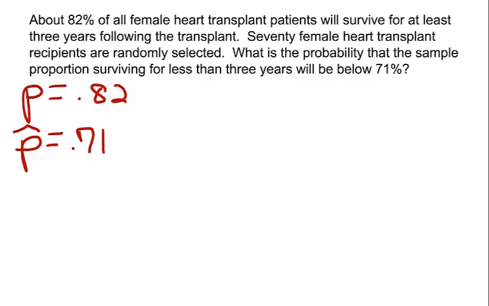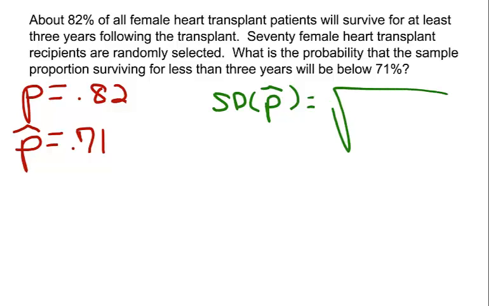We want to find the probability, or p-value, of the sample proportion. To do so, we need three things. We need p, p-hat, and also the standard deviation of p-hat. To find the standard deviation of p-hat, we need to apply the formula.